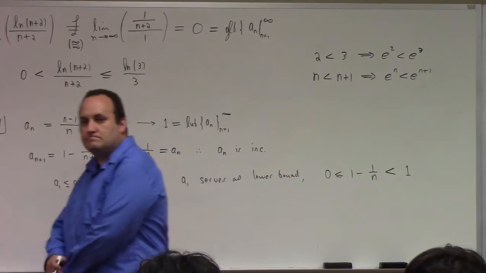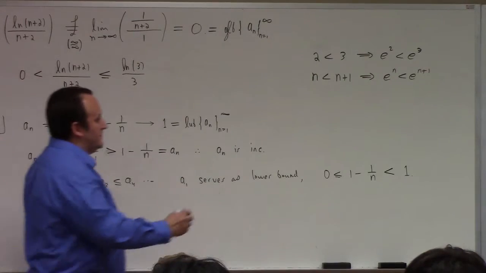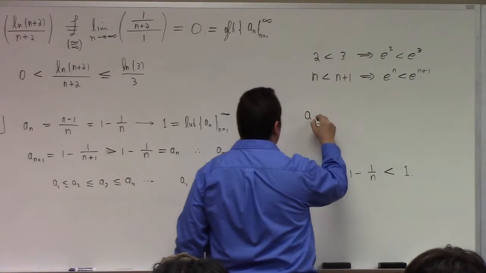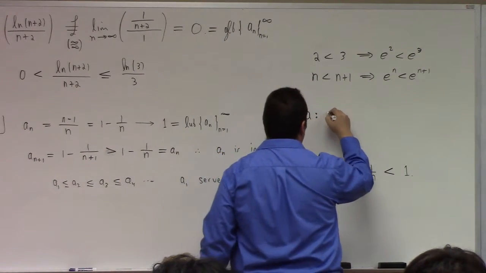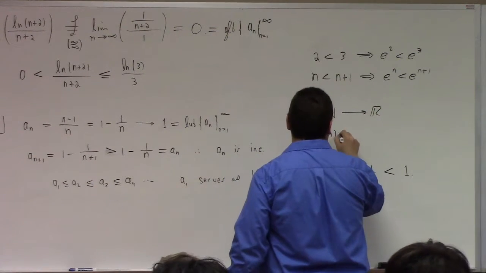Are we only working with real numbers and natural numbers? Well, a sequence is a function from the natural numbers to the real numbers. Remember? What is a sequence? A is a function, really, from the natural numbers to the reals, where a of n we denote by a sub n.